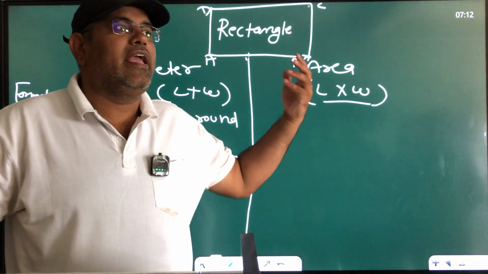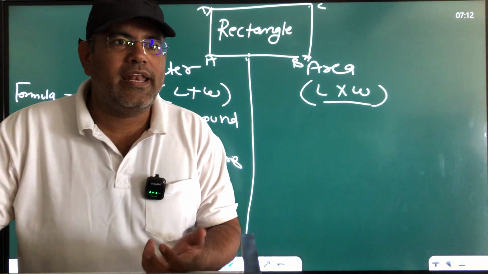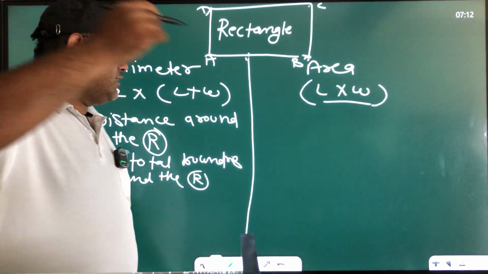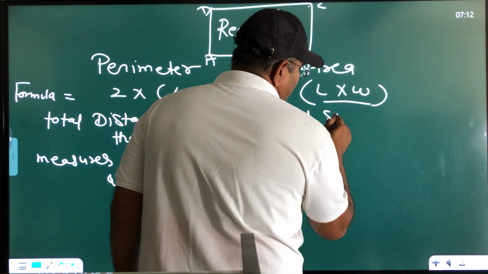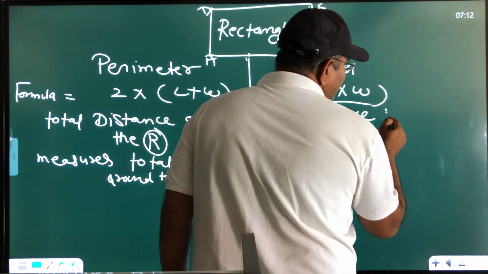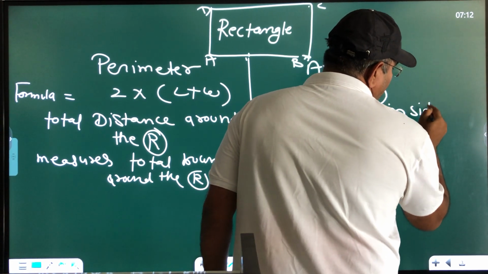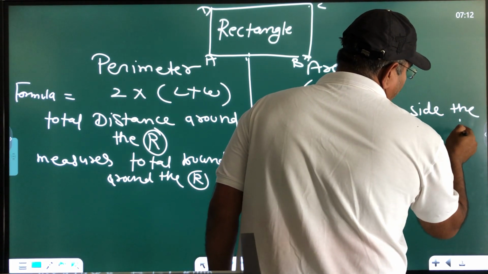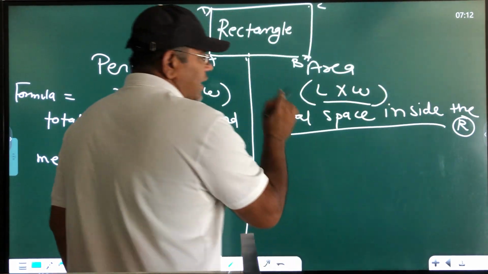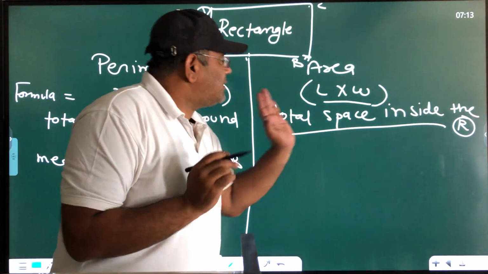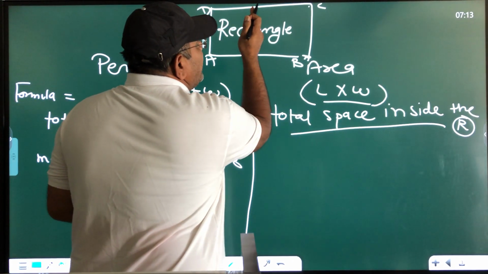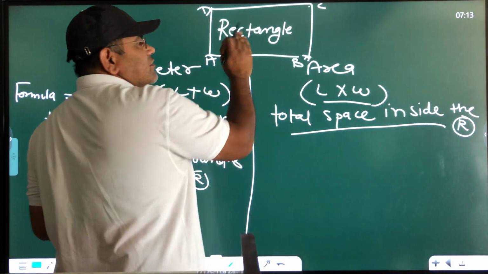Now we talk about area. What is the area of a rectangle? Guys, total space inside the rectangle, that's the area. I repeat again, total space, it means complete space inside.